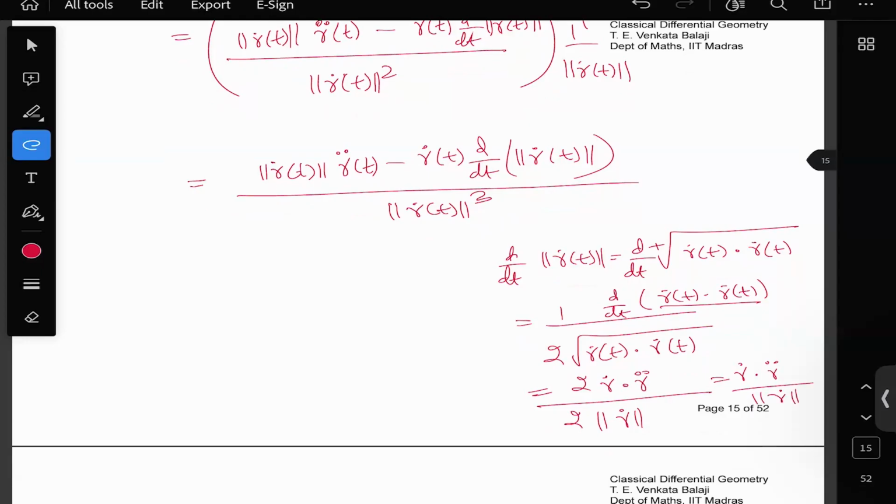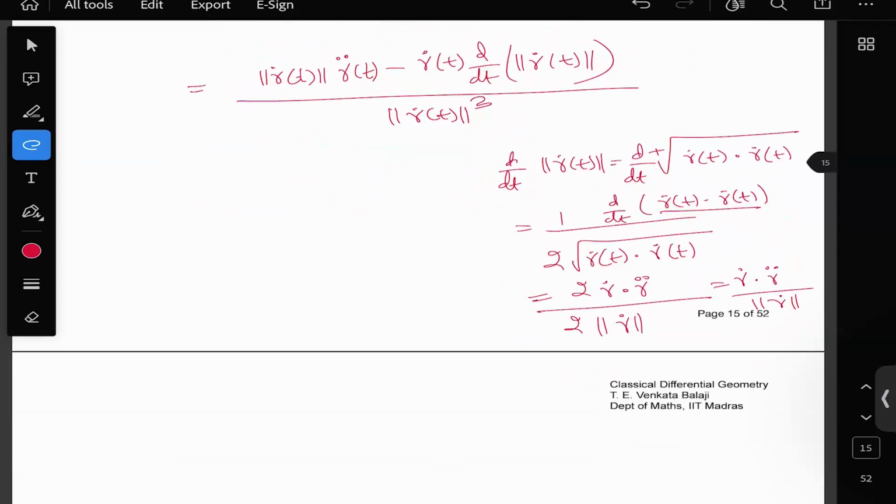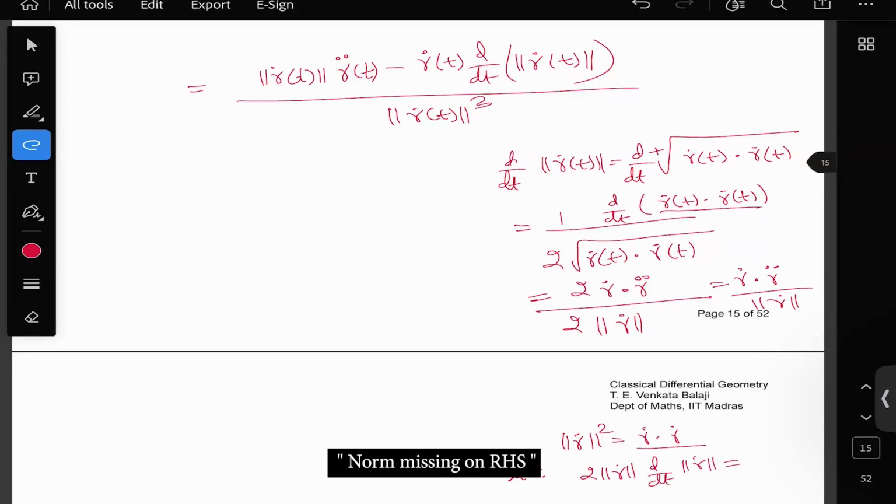The other way of looking at it is, you can directly write it like this. You know that norm gamma dot squared is gamma dot dot gamma dot. You simply apply d by dt. On the left you will get 2 norm gamma dot into d by dt of norm gamma dot, and if you do d by dt on the right side, you will get 2 gamma dot dot gamma double dot.